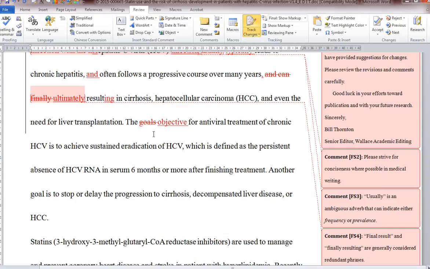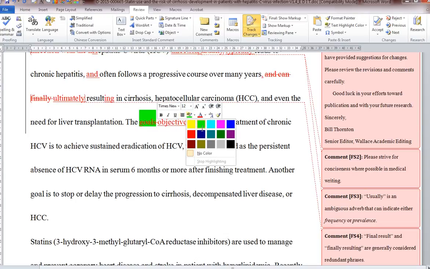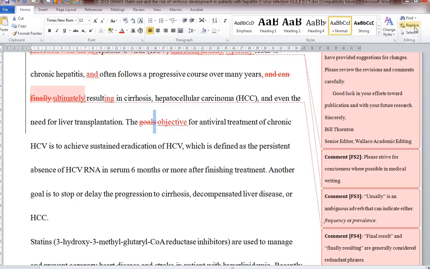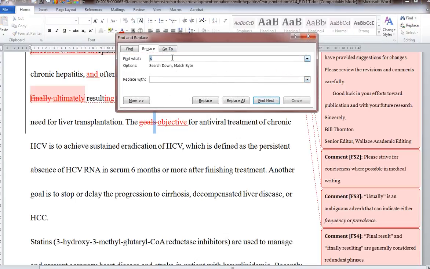In the editing process, to keep a flow, editing is much like writing, I will often highlight this so that I can come back to it later. What I want to do when I come back to it is make sure that every usage of goal is changed to objective. Okay. I'm going to go ahead and do that now, though. This is something we do in editing to make sure that the usage is consistent.